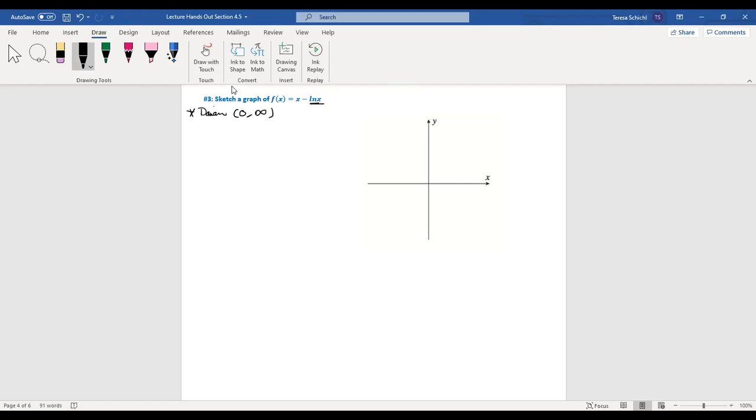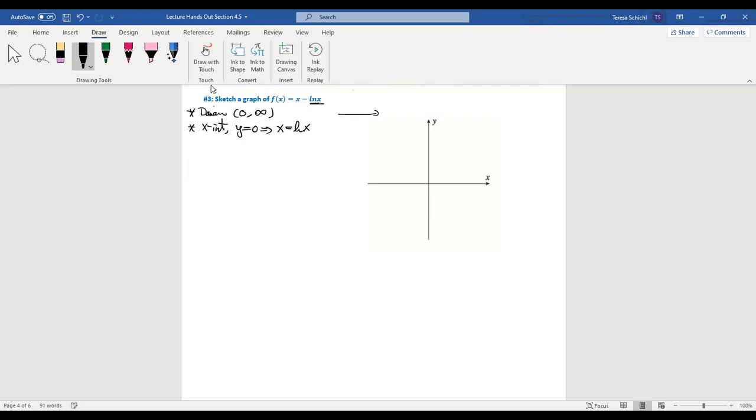So that means the graph is only on this side, and nothing is going to happen here. Let's take a look at the x-intercept. The x-intercept is where y equals 0. That means x equals the natural log x. And we know that x and the natural log x never intersect.